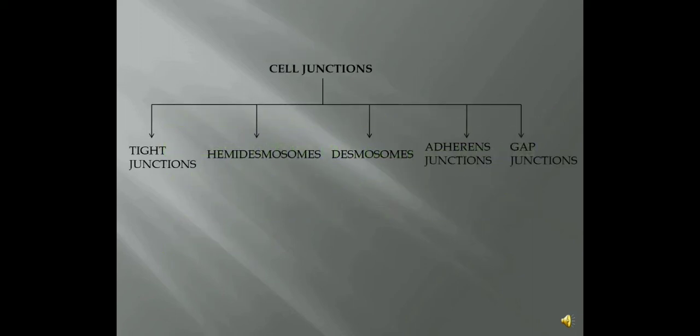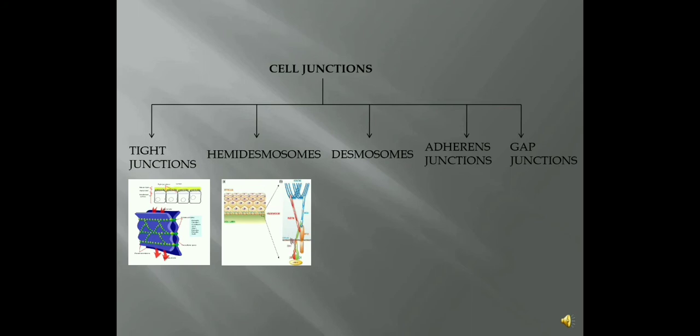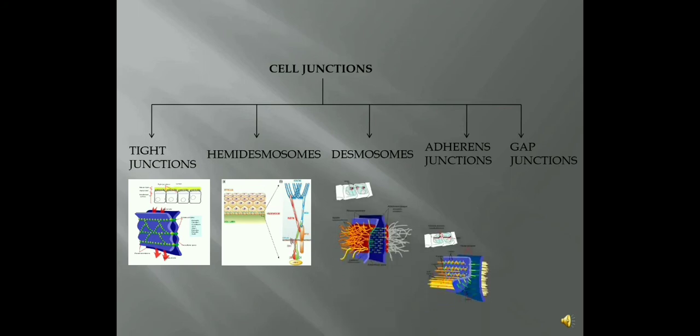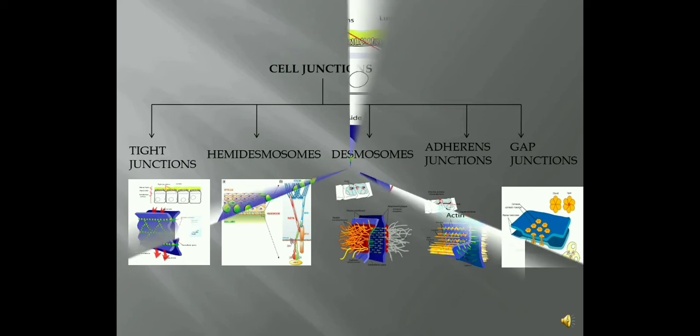Now here you'll find cell junctions are of different types, that is tight junctions, hemidesmosomes, desmosomes, adherence junction, and gap junctions. Now let's see the details of each junction.